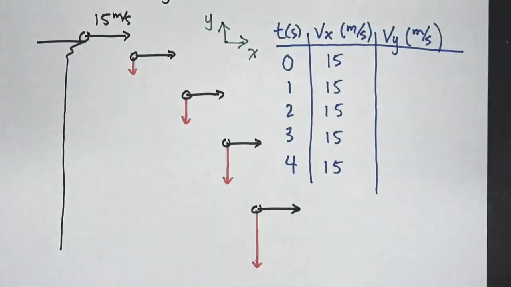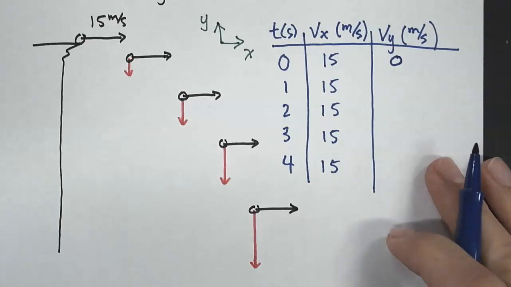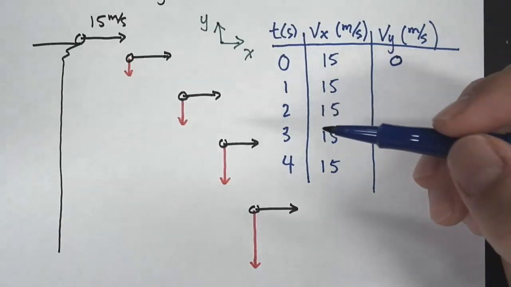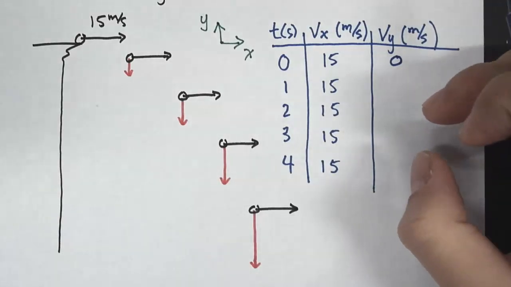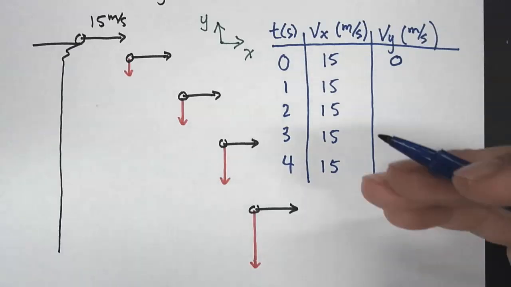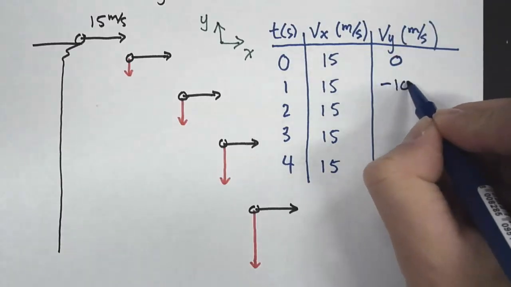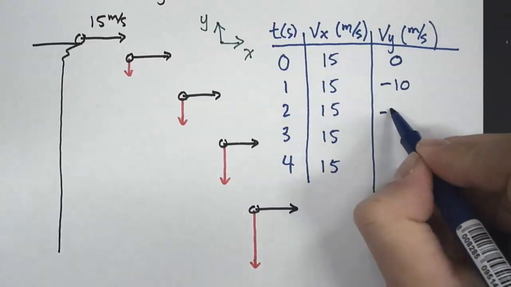So we're going to start with 0. And we know that the acceleration due to gravity is 9.8 meters per second squared. However, I'm going to use 10 just to do the mental math a little more quickly. So we have negative 10, negative 20.